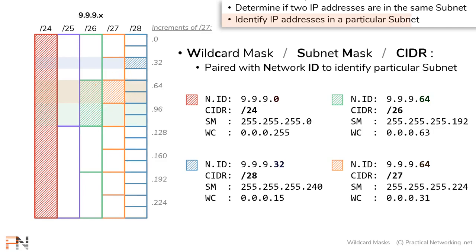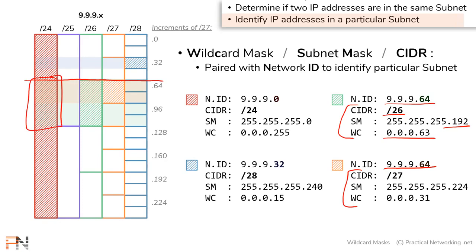Do keep in mind that the network ID itself is not enough to refer to a specific block of addresses. You must pair the network ID with one of these three things. In our example, a network ID of 9.9.9.64, which is the IP address that would exist right here, paired with the CIDR of /26 or the subnet mask that ends in 192 or the wildcard mask of 0.0.0.63 refers to this chunk of 64 addresses.